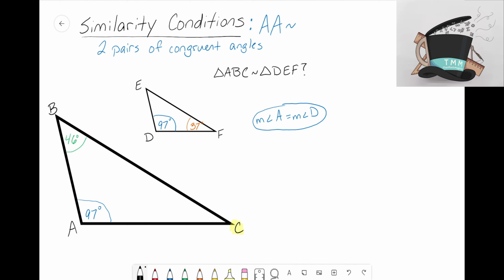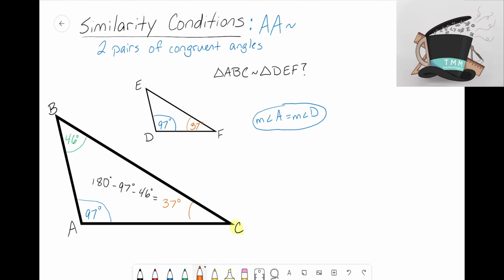So let's do that. I'm going to take 180 degrees, subtract 97, and subtract 46 degrees, and once you punch that into your calculator, you figure out that, what a coincidence, it is 37 degrees.